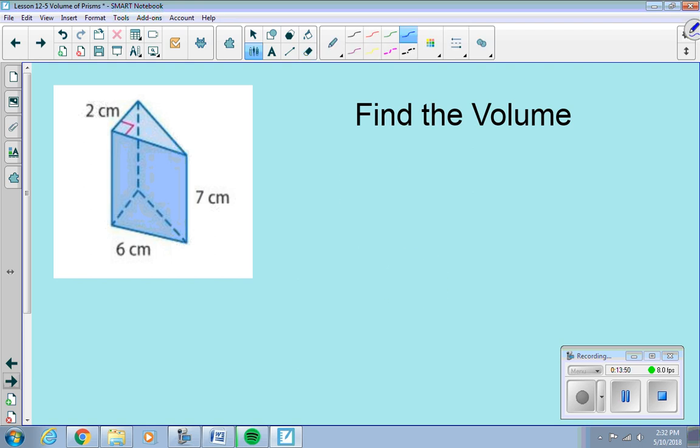Okay, so the first thing you're going to do is you're going to write your equation. Big B times your height. So first thing is, what's my base? No. What shape is my base? Okay, so that's the first thing I have to do. I have to find the area of the triangle.